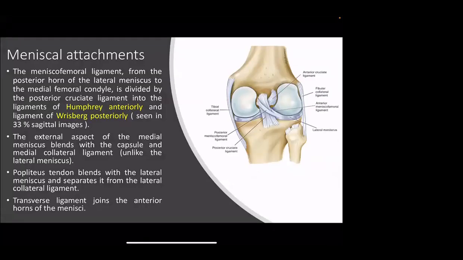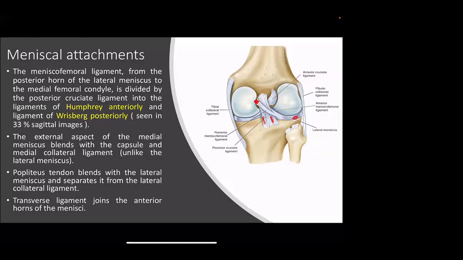Meniscal attachments. The meniscofemoral ligament from the posterior horn of the lateral meniscus to the medial femoral condyle is divided by the posterior cruciate ligament into the ligament of Humphrey anteriorly and the ligament of Risberg posteriorly. These are seen in 33% of sagittal images.